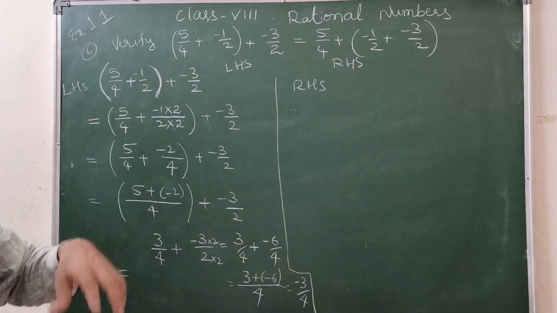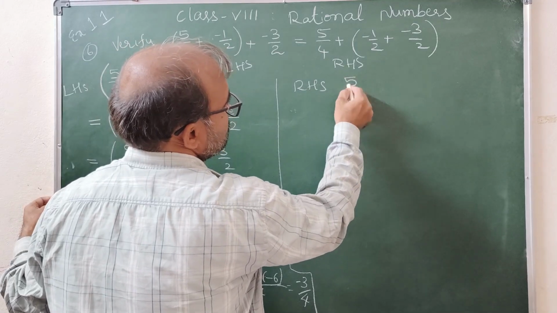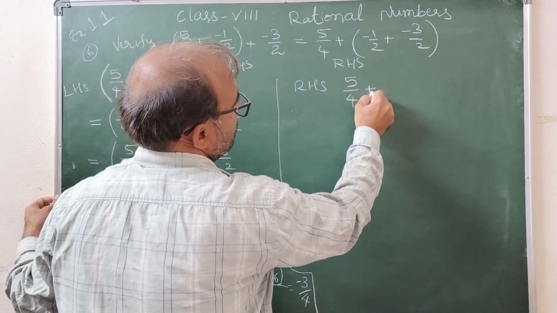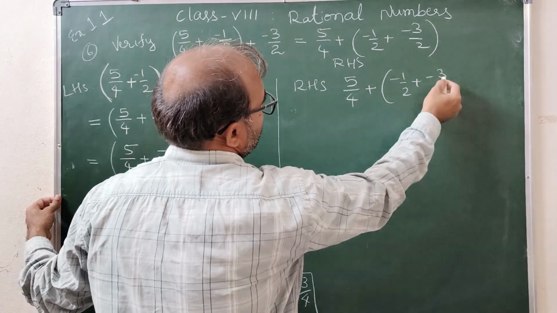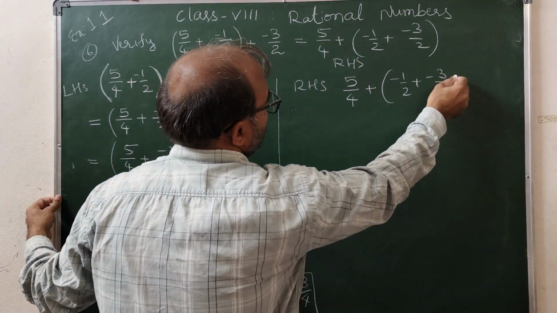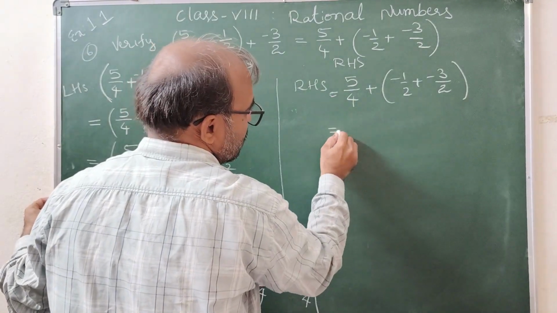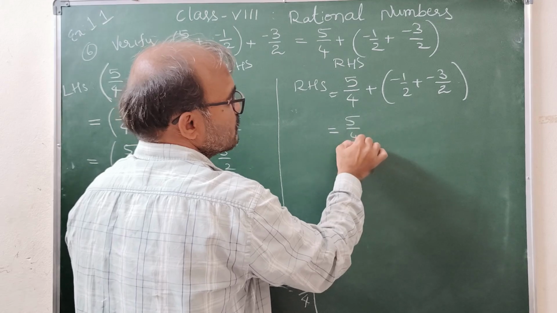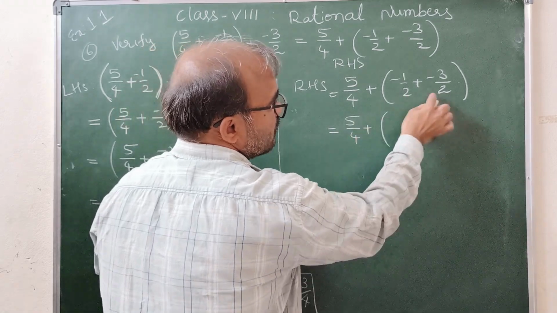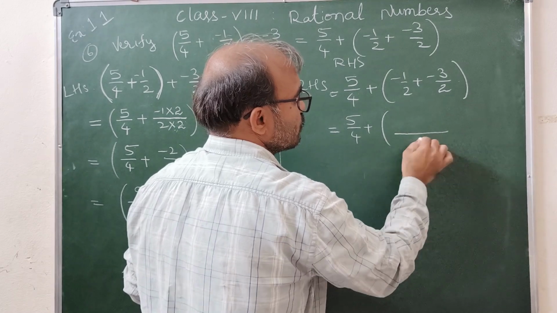Now simplify the RHS value. RHS is 5 by 4 plus minus half plus minus 3 by 2. Right? Every time you write equals under equals. This is 5 by 4 plus. In brackets, first of all, you have to simplify the brackets. The denominator is 2.